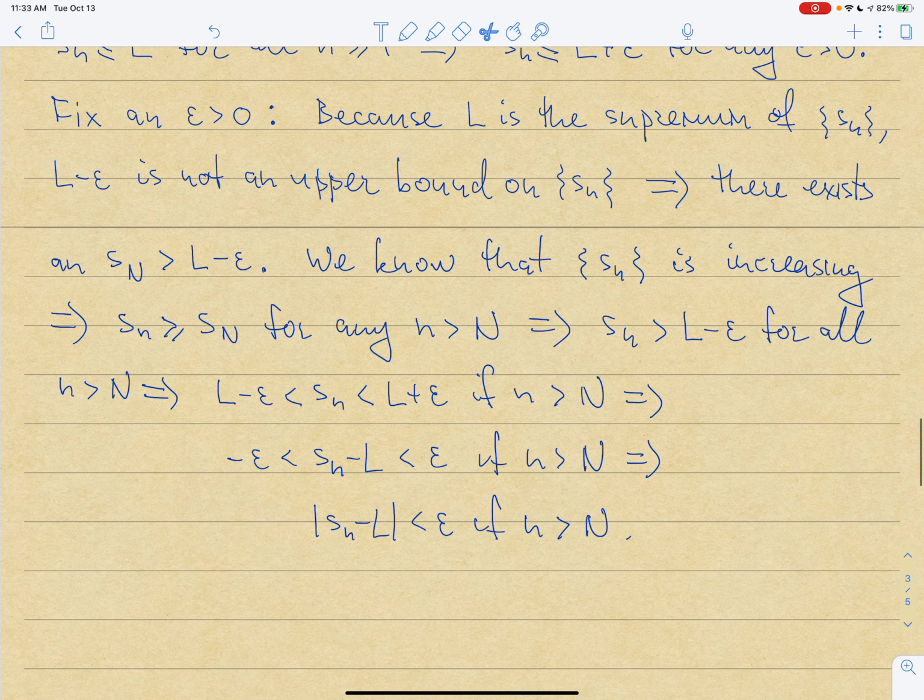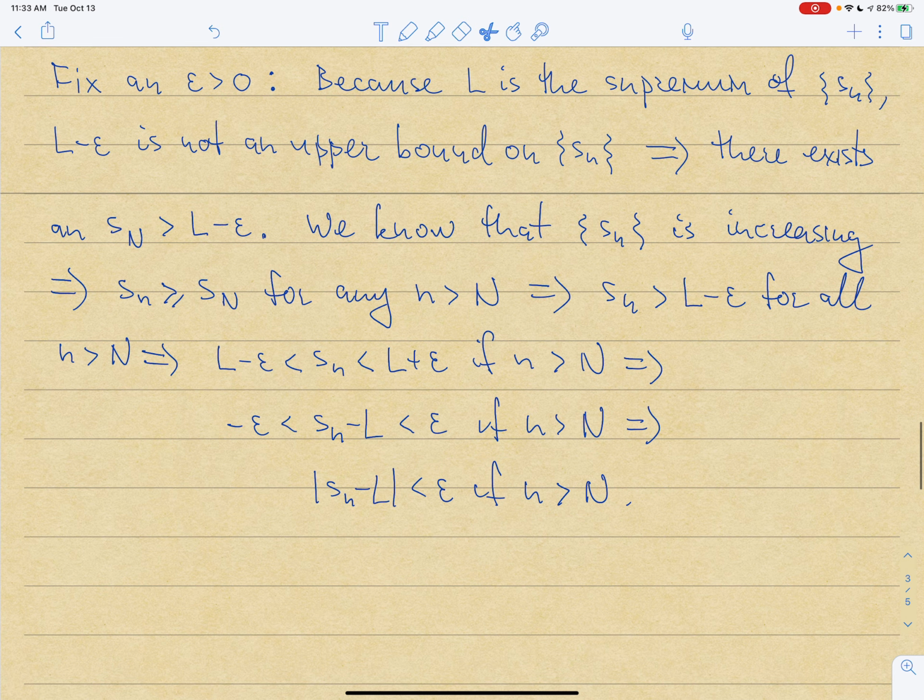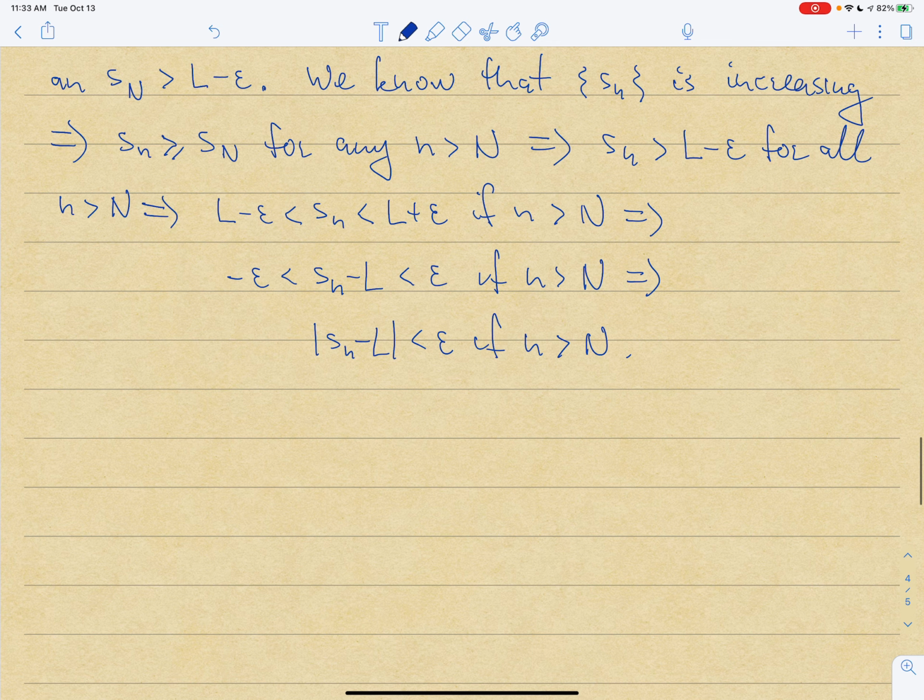I picked an epsilon greater than 0. Then there exists an index capital N such that Sn minus L is less than epsilon if n is bigger than capital N. But that's a definition of the fact that Sn goes to L as n goes to infinity. So L is a limit of Sn.